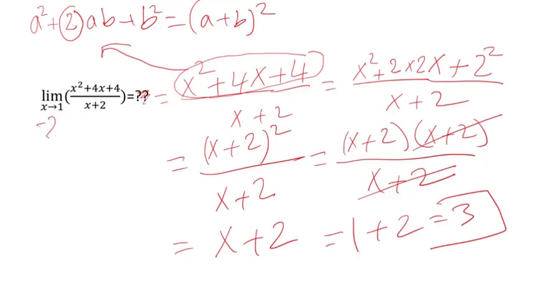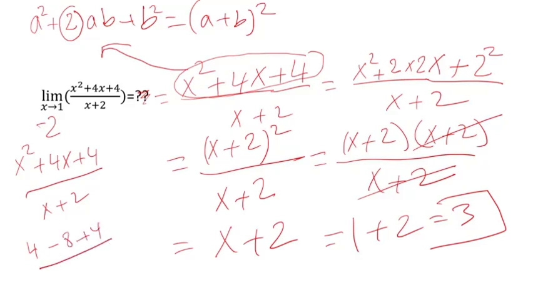What if x was approaching -2? So if I go the route I showed in part 1, I'll do basically x squared plus 4x plus 4 divided by x plus 2, and I'll just replace x with -2. So -2 squared is just 4, plus 4 times -2 is -8, plus 4, divided by x plus 2; replace x with -2, and -2 plus 2 is 0.